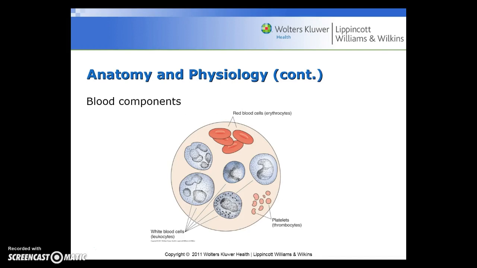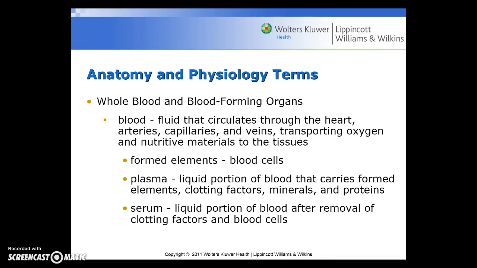Here we can see the blood components. You see the red blood cells or erythrocytes, the white blood cells or leukocytes, and the platelets or the thrombocytes. Additionally, whole blood and blood-forming organs: the term blood is defined as the fluid that circulates throughout the heart and arteries, capillaries, and veins, transporting oxygen and nutritive materials to the tissues.